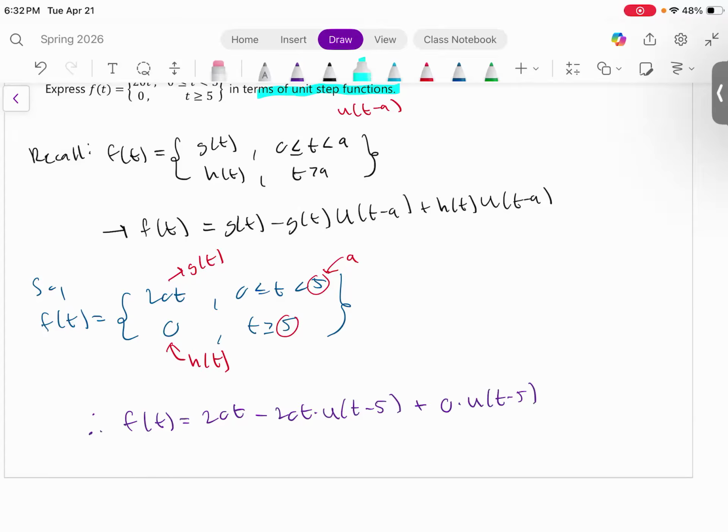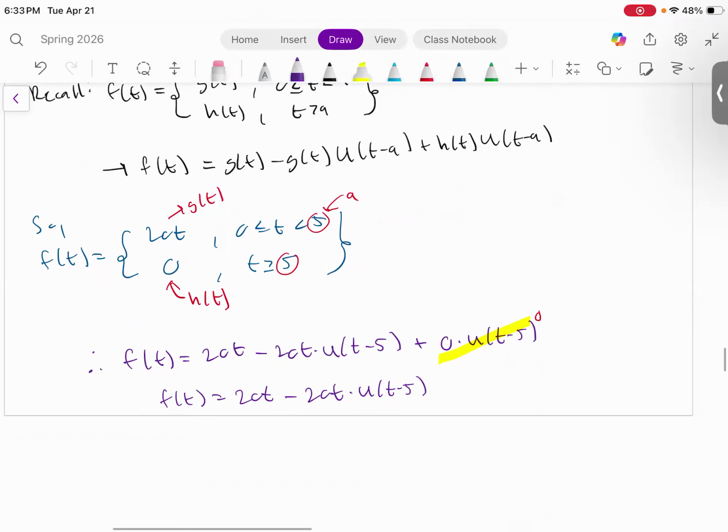But 0 times anything is just 0. The unit step function would just be turning 0 on and off, which is 0 anyway. So we get f of t equals 20t minus 20t times the unit step function of t minus 5. We could even clean it up a little more by factoring out the 20t, so this becomes 20t times 1 minus the unit step function of t minus 5.